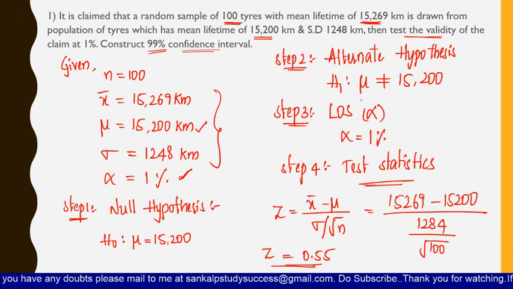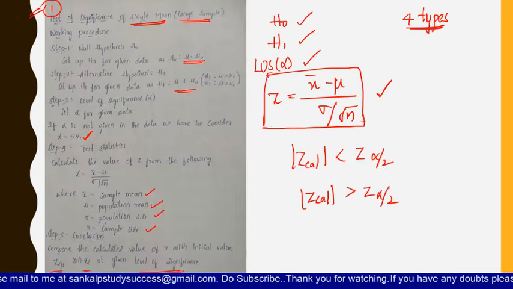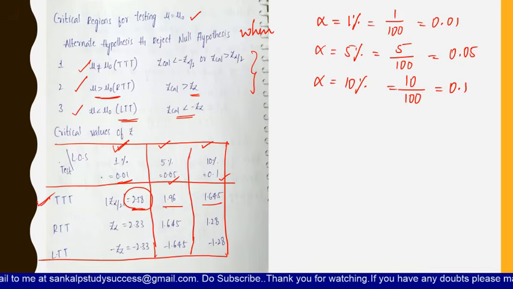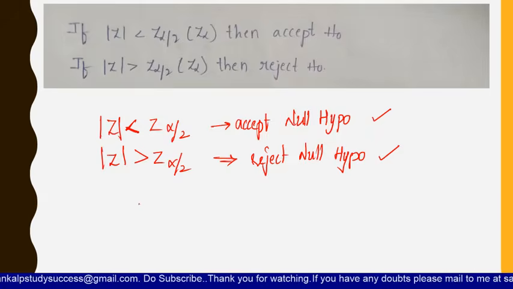Because it is a two-tailed test. Here mu is not equal to mu naught. So the Z alpha by 2 value from the tabulated value is 2.58, right? Let us verify it. Z alpha by 2 value for 1% level of significance is 2.58. So we are going to take 2.58 here.